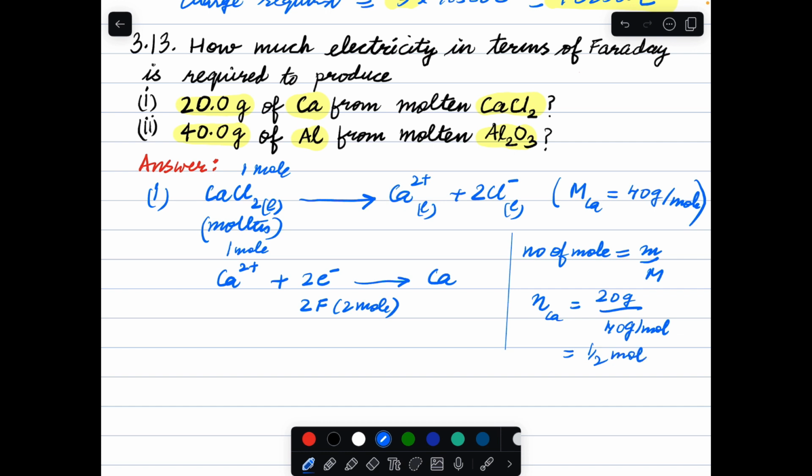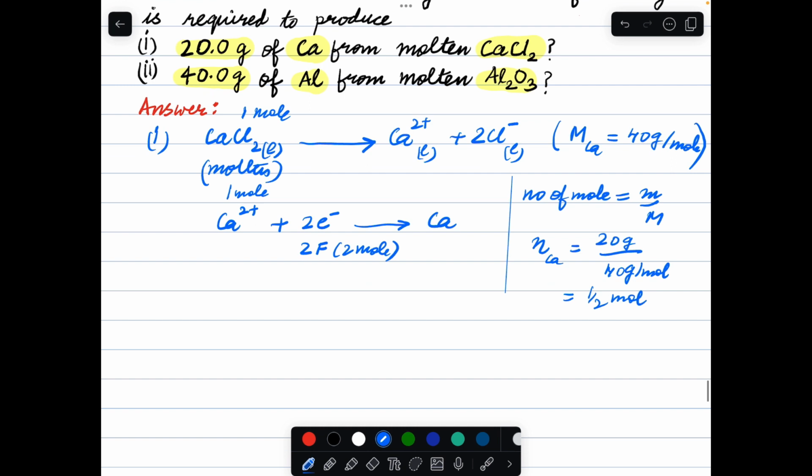Now come back to the idea we were discussing. It is better to write it down to avoid confusion. If we have 1 mole of calcium ion, we require 2 Faradays of charge or electricity. So for 1 mole of Ca2+ ion, we require 2 Faradays of electricity to give 1 mole of calcium metal.